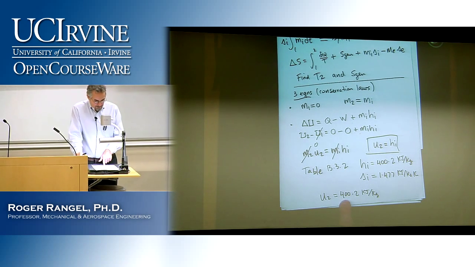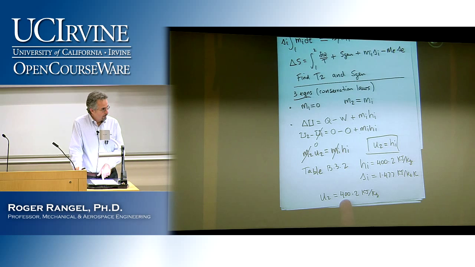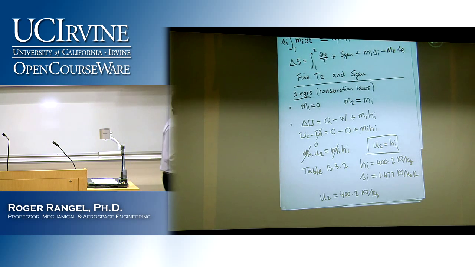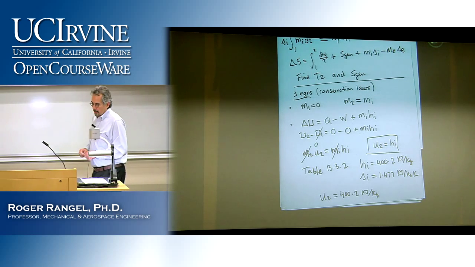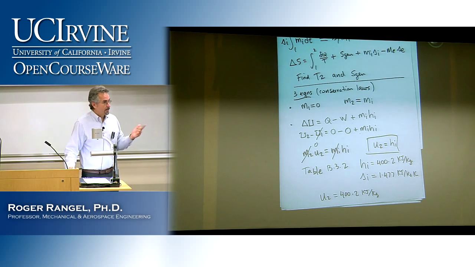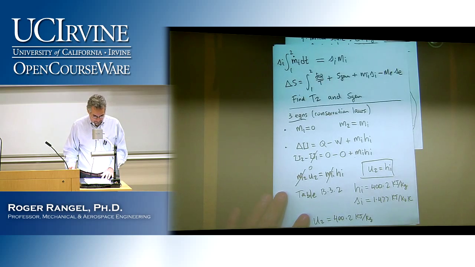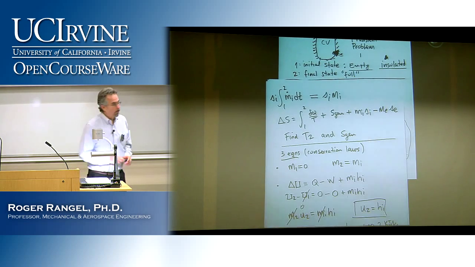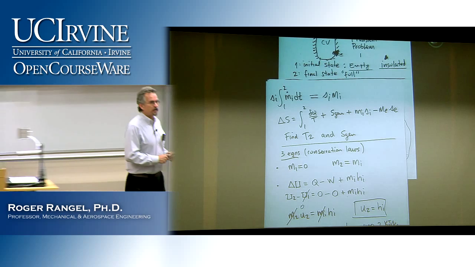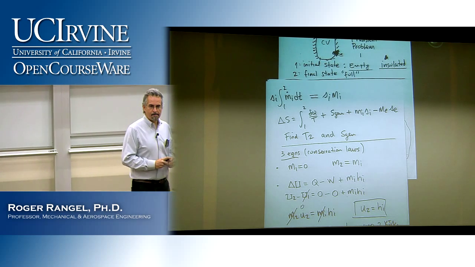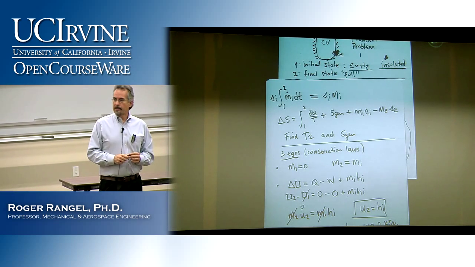You'll have several values that have 400, depending on the pressure and the temperature. The key to the answer is in the statement "full." When is it full? When it reaches the same pressure.